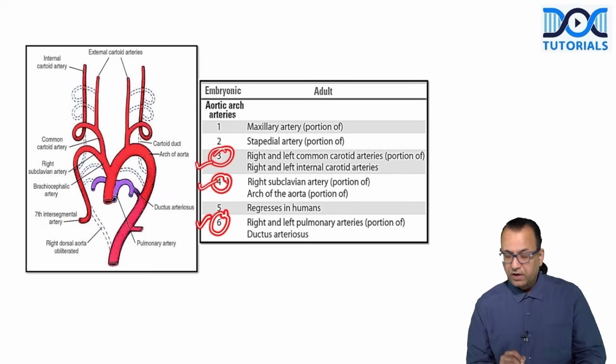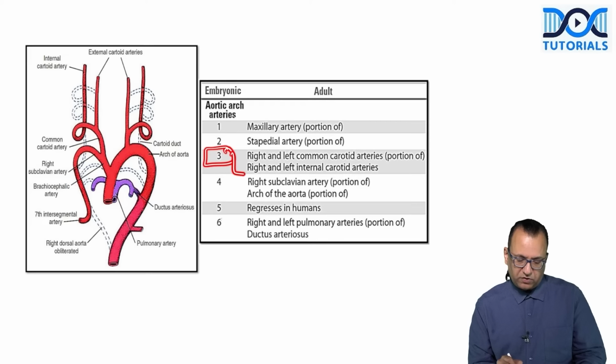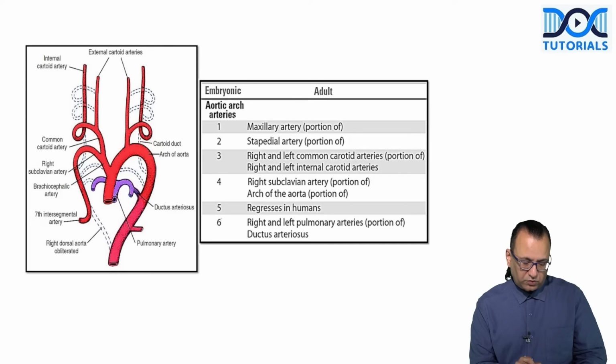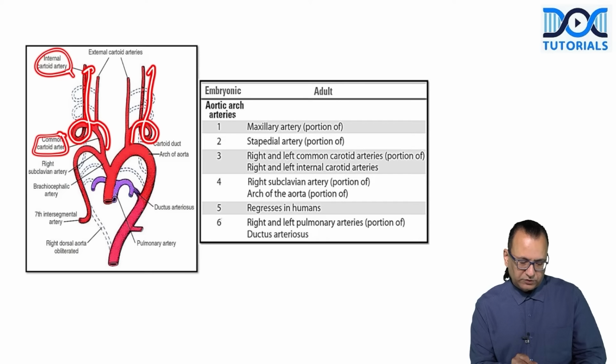The third arch gives not only the common carotid arteries but the proximal part of the internal carotid artery, which can be seen in the diagram on the right and left sides. So the internal carotid and common carotid on both right and left sides come from the third arch artery.